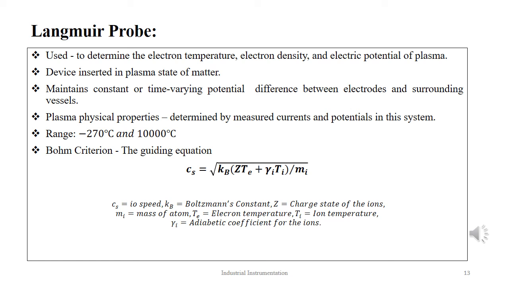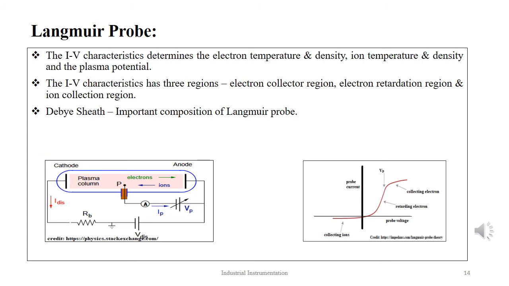Bohm criteria provides the guiding equation associated with the measurement of the electron properties and is cited below. The Langmuir probe provides simple and inexpensive diagnostic analysis of plasma parameters.